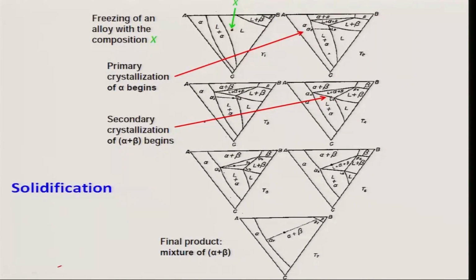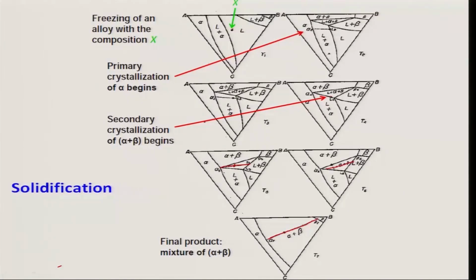Then finally it will enter into the 3 phase field, alpha plus liquid plus beta. Then you draw a tie line between alpha and beta, like this.